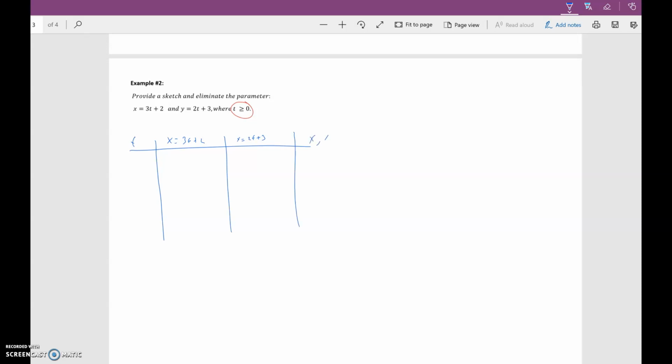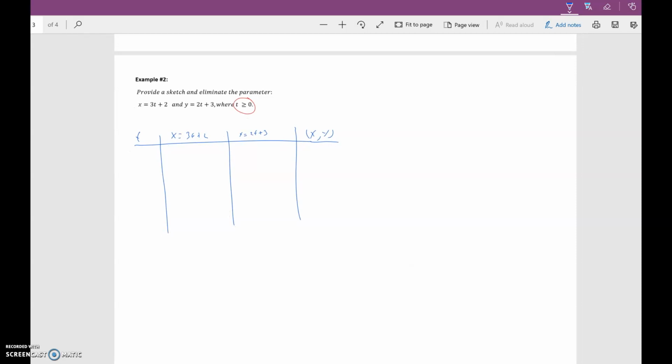Technically we're looking at just x's and y's, and a total of 3 coordinate points is sufficient. We can't use negatives because t started at 0, and I'm referring to t, not the x's and the y's.